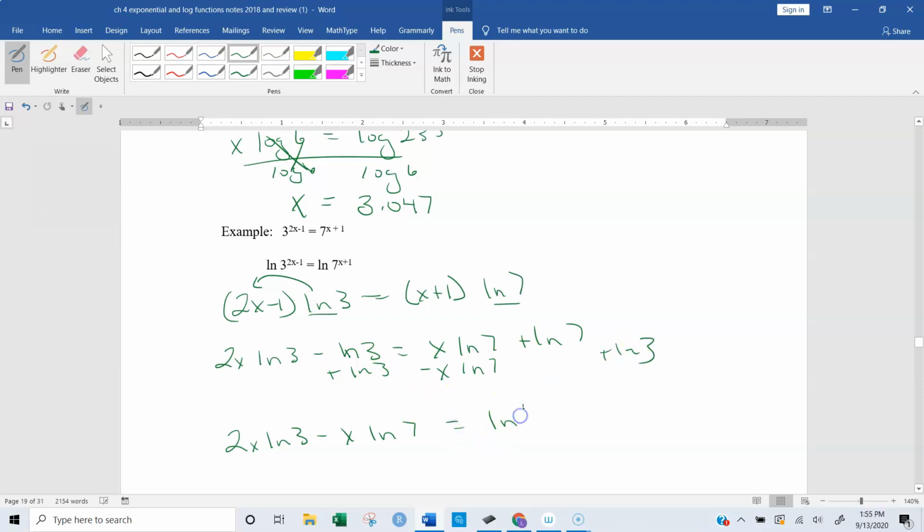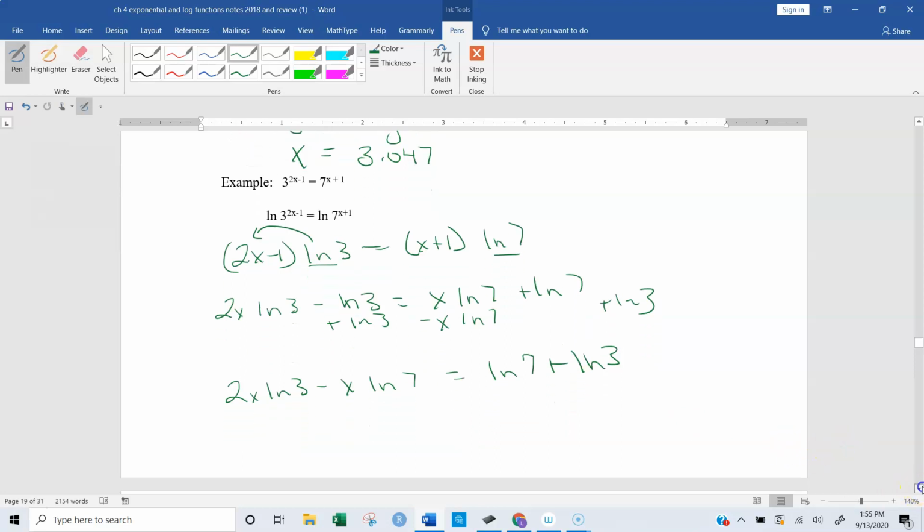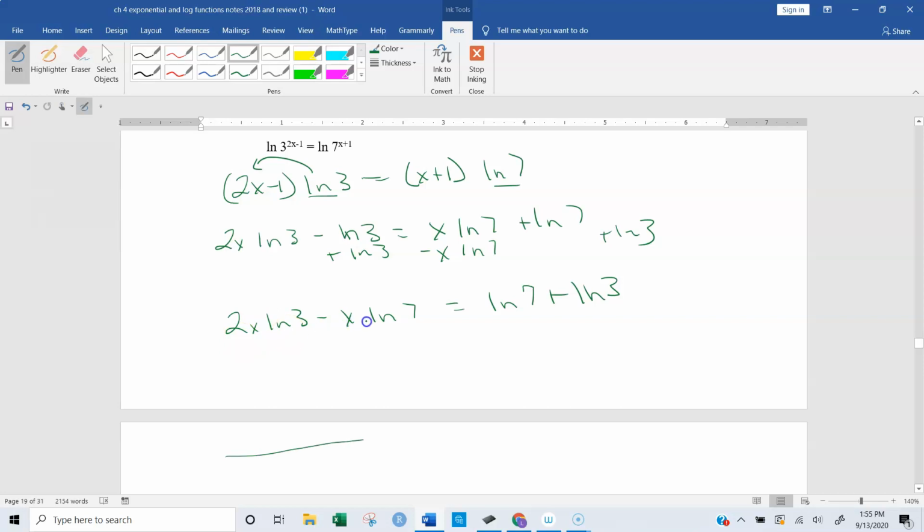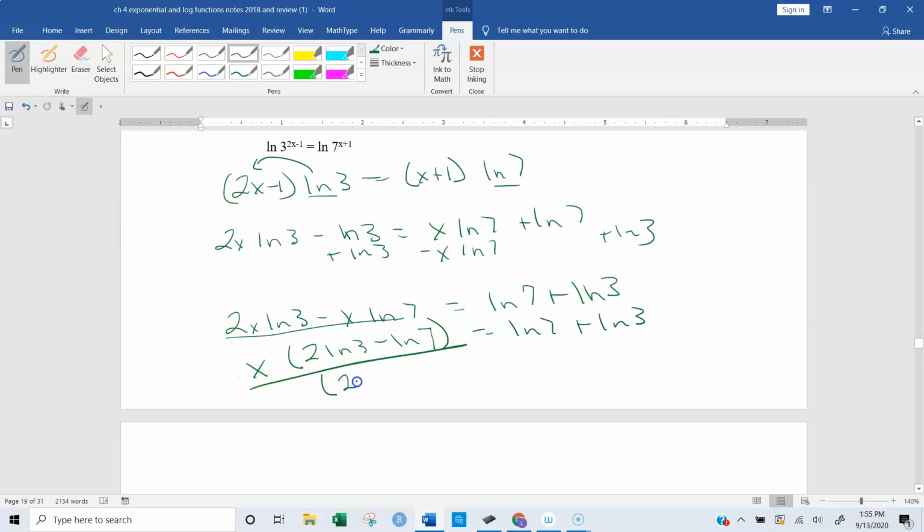So this equals the natural log of 7 plus the natural log of 3. Now, you're looking at what they have in common. So what do these two things have in common? And the answer is x, so we're going to factor it out. x times (2 natural log of 3 minus the natural log of 7) still equals the natural log of 7 plus the natural log of 3. We have to divide to get the x by itself, so we divide by everything in those parentheses on both sides of the equation.